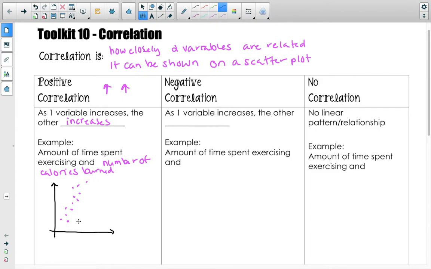What I've shown here is that our data points are really grouped together fairly well. So this is what would be considered a strong correlation because I've grouped them together fairly closely. This is a positive correlation because as the x's increase, so are the y's. So I've shown both a strong correlation, but I've also shown the positive correlation.